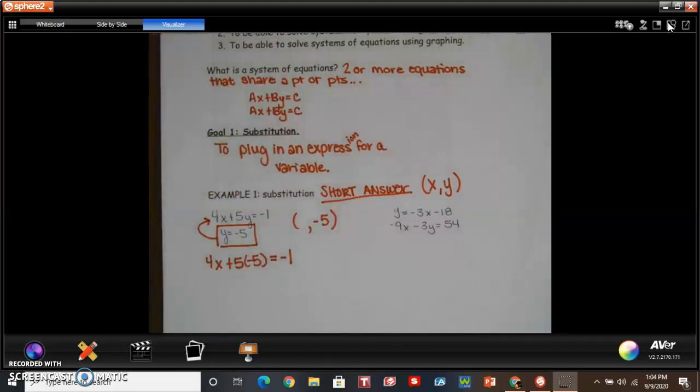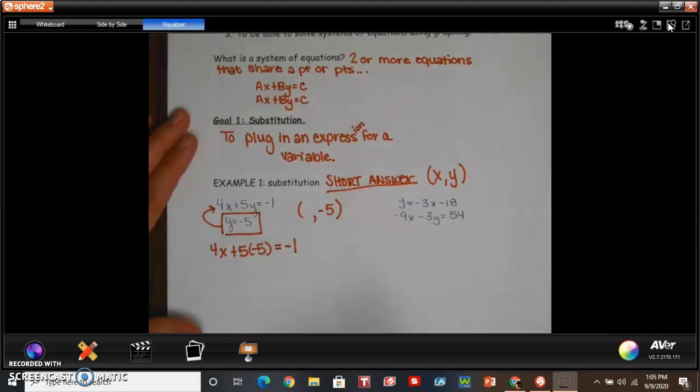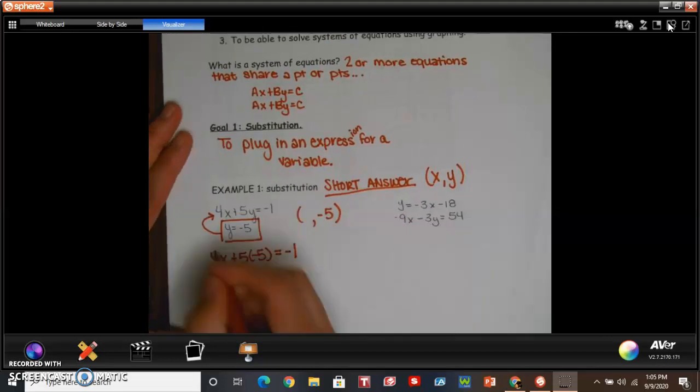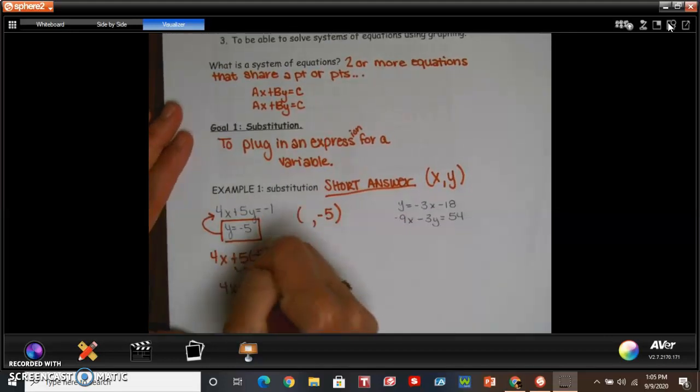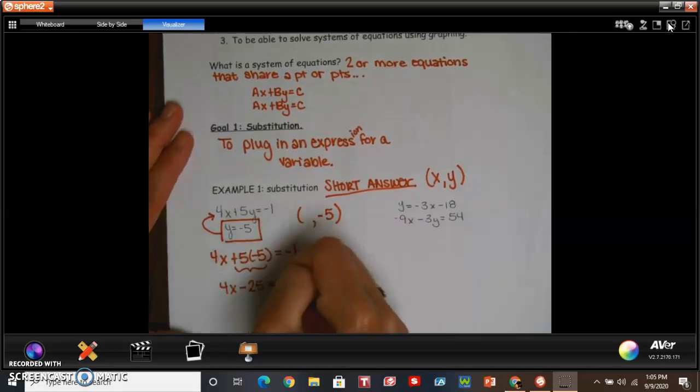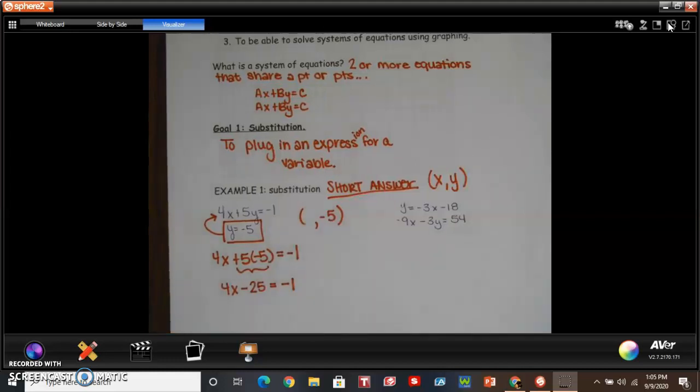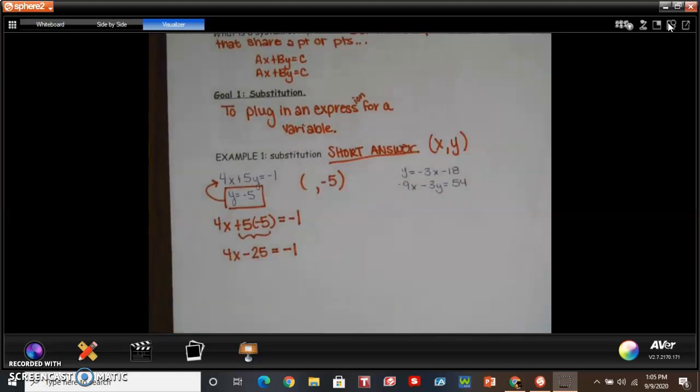Now we're going to use this information to solve for x and find our answer for our x. So let's see, we have 5 times -5, which is -25. And make sure you use a calculator. There's no shame in using a calculator because sometimes students will slip up when they're dealing with positives and negatives. So please use a calculator to help you.